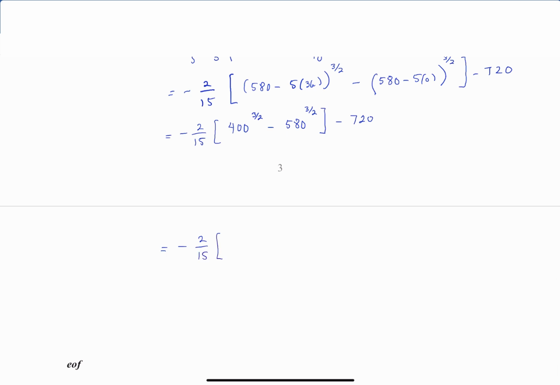Using a calculator, 400 to the 3/2 power minus 580 to the 3/2 power is negative 5,968.25.